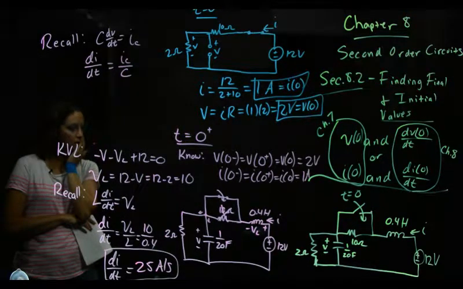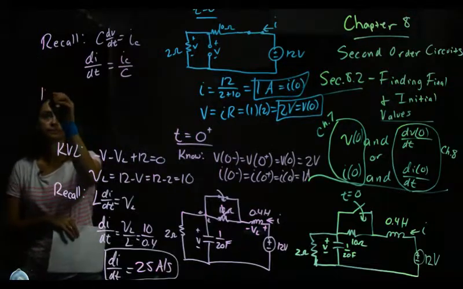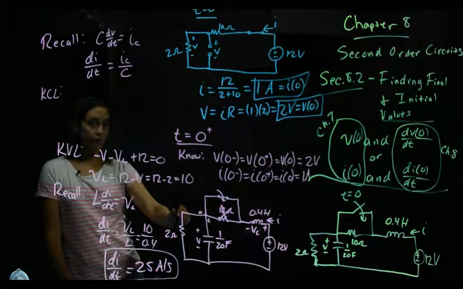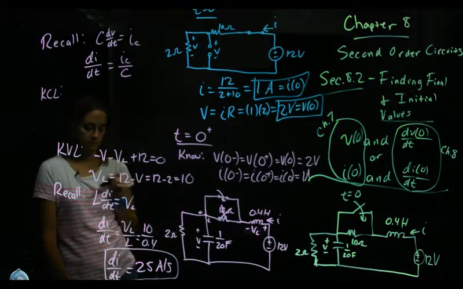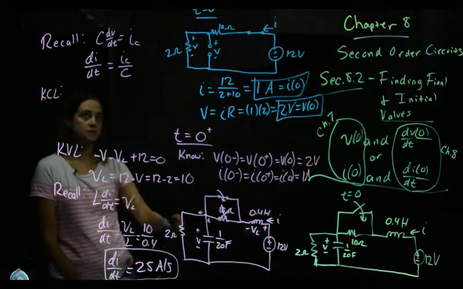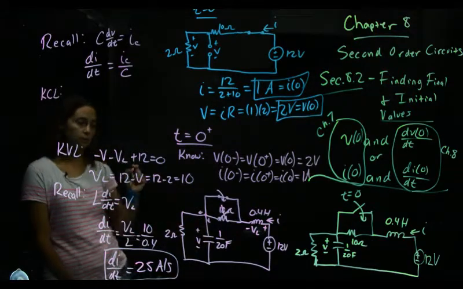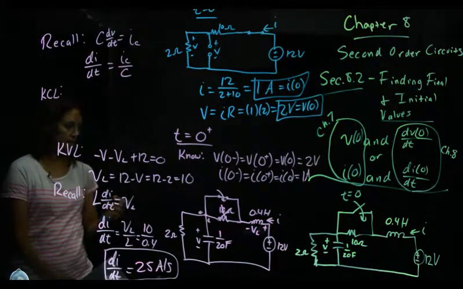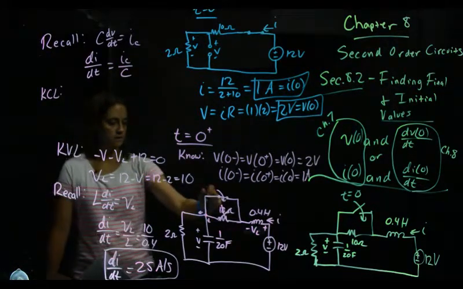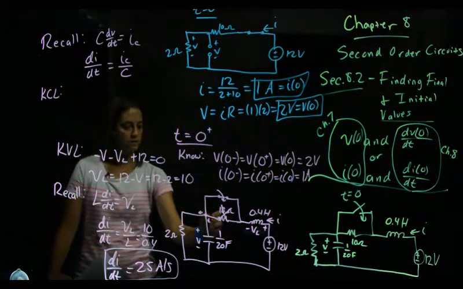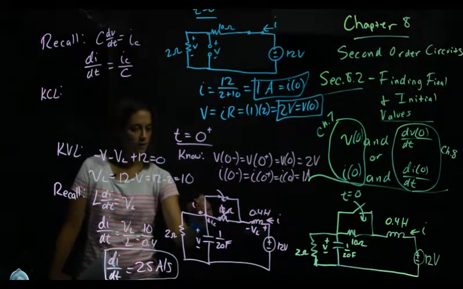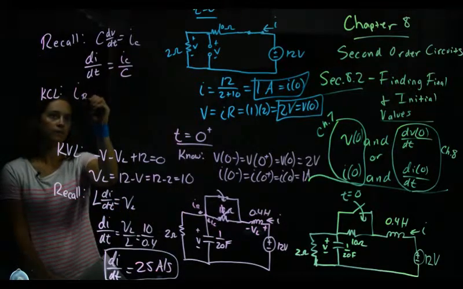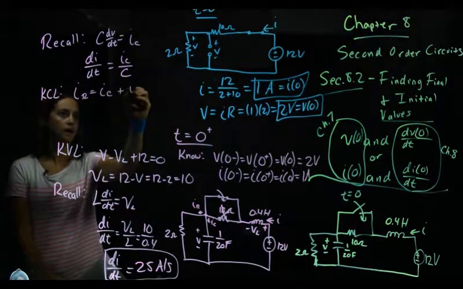But we could look at doing a KCL there. I know this current because I know V. This current is what I'm looking for, and I know this current. So I can write that, let's see, IC is leaving, let's call this IC, call this IR. So I have IR leaving, IC, and I entering.